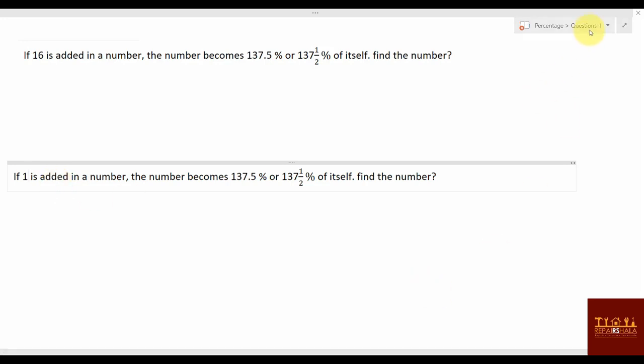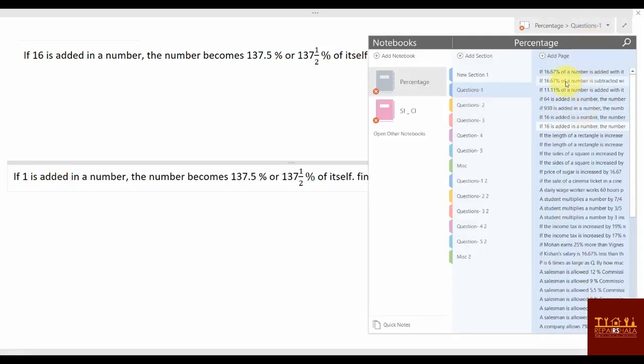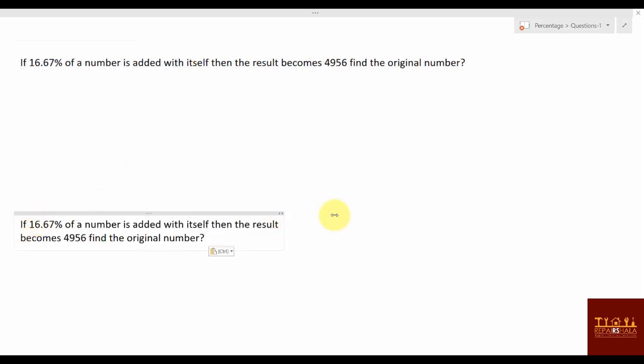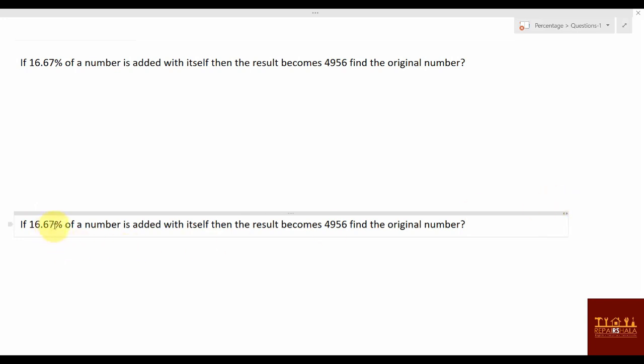Or what I can do is go with this. This is one number. So solve it with this value, not this. So you can say this value, you can make it 25 percentage, and the result becomes 5500. Find the original number.